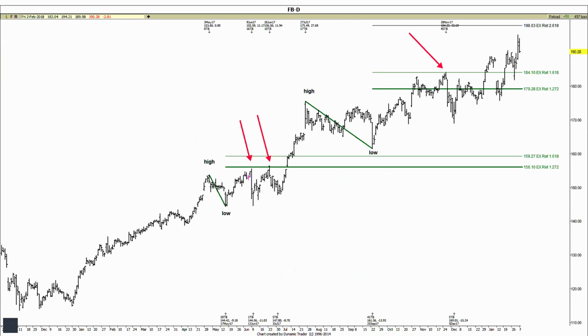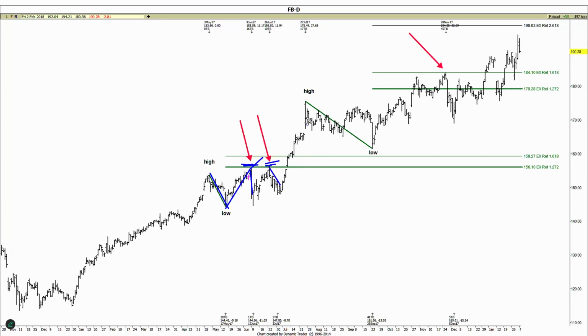Now here, I have more than one example. I have a prior high to low here, and I ran the extensions, 1.272 and 1.618. And in this case, we actually saw a reaction on 2 retests of this area of resistance. So here and here, you definitely saw a reaction off of that.